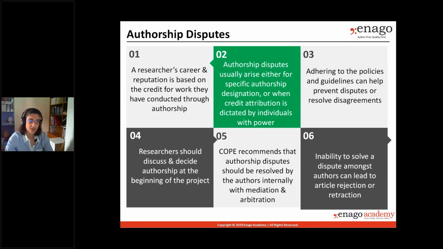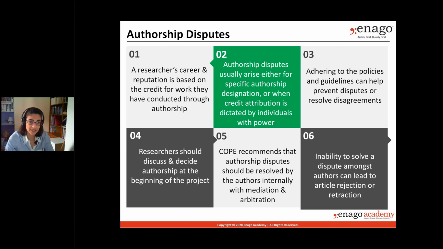Nevertheless, sometimes author disputes do arise. And from my side, all the researchers I've encountered, at some point, have had to face such minor or major disputes over authorship. A researcher's career and reputation is based on the credit of the work they do. And the main means for that is through the authorship, through their publications.